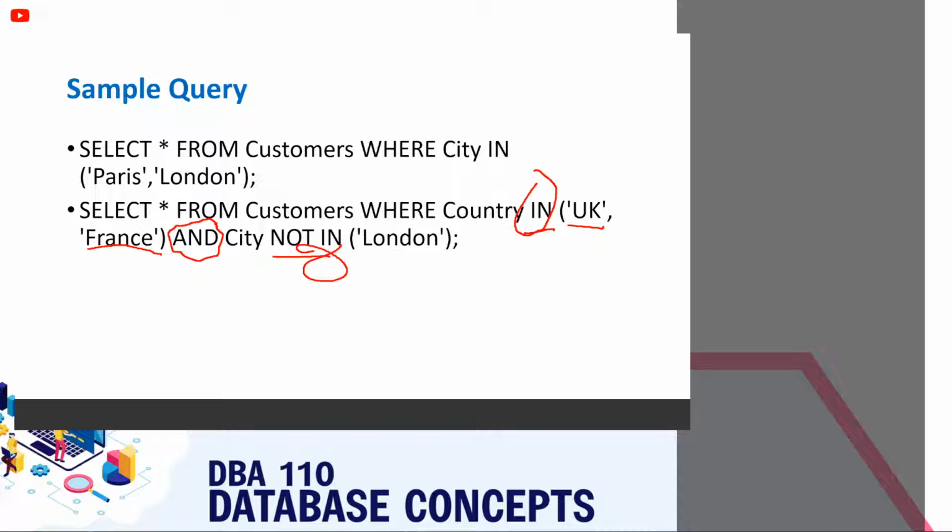So if they're from the UK, but they're also from London, we're not going to return that record. If they were from the UK and from anywhere else but London, then we are going to return that record. If they're from anywhere else in Europe, or anywhere else in the world for that matter, besides the United Kingdom and or France, we're not going to return that record at all.